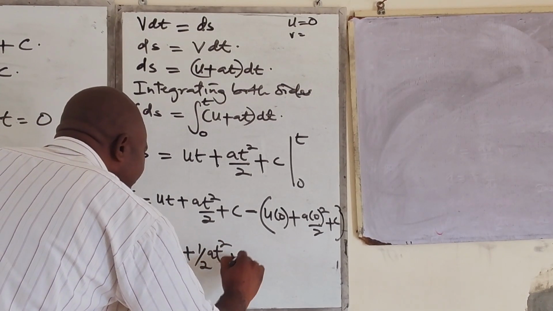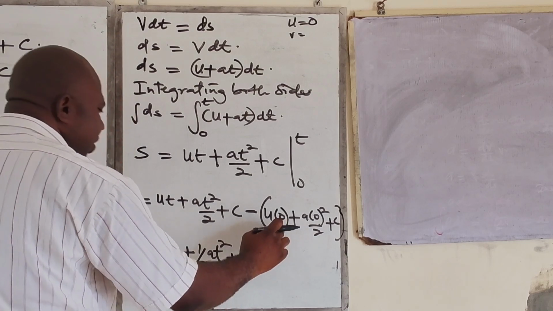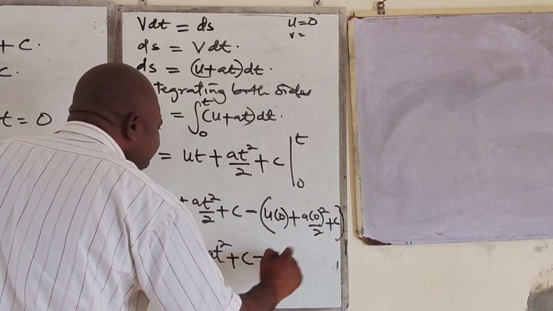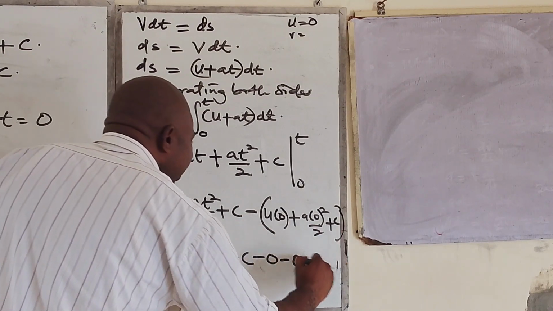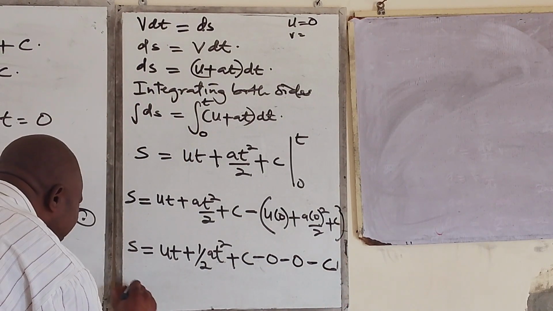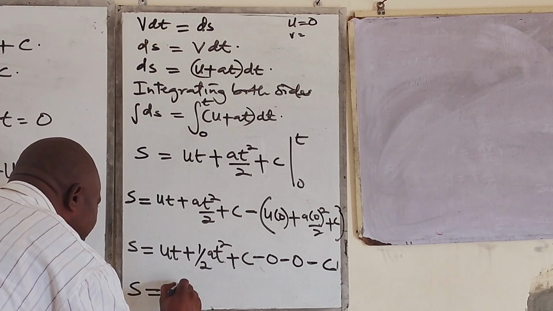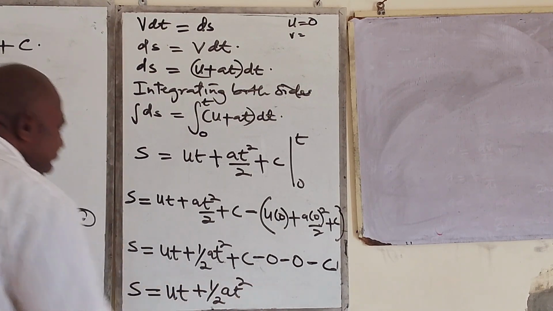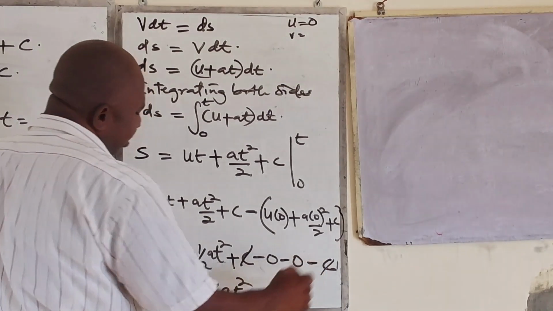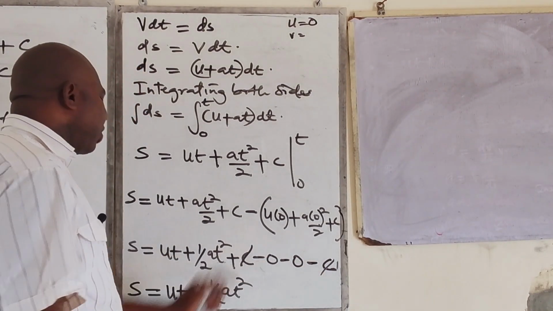So here the value of our x should be equal to ut plus half at squared plus c, minus 0 since 0 times u is 0, minus another 0, then c minus c. It means the value of x should be equal to ut plus half at squared. Now c minus c is gone, 0 minus 0 is gone.